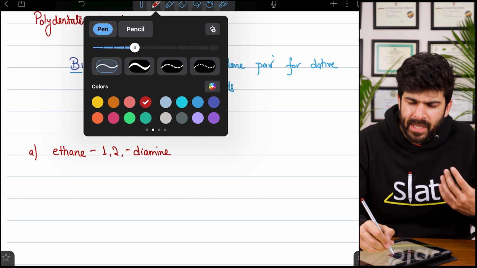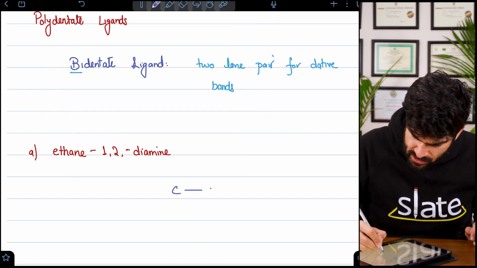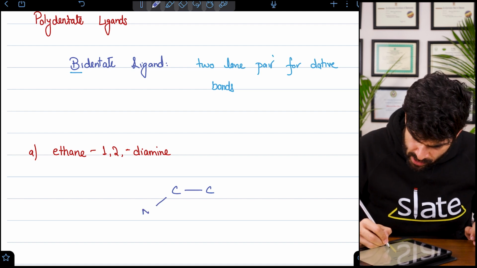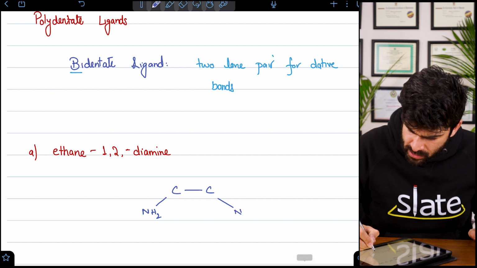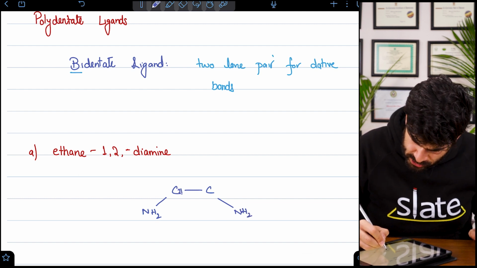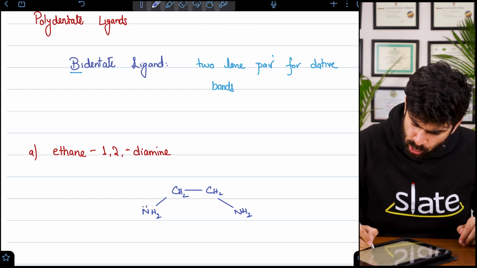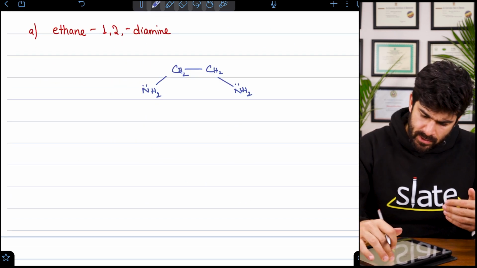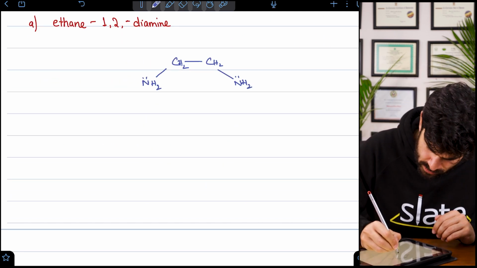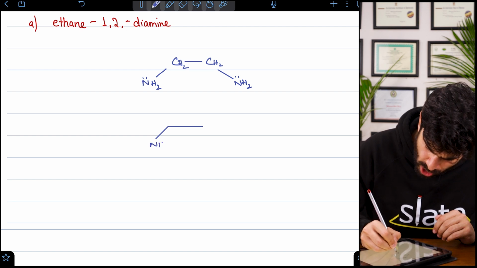So, simply just make a structure out of it. We have ethane, C and C, and diamine. One amine here at one carbon, one is the other on the other carbon. CH2, CH2. And where do we have the lone pair? Nitrogen, nitrogen. I can make a skeletal formula out of it just like this way. Because carbon, we never show the carbons.